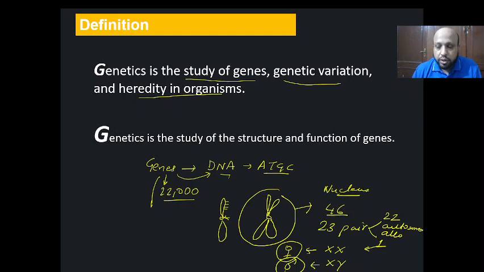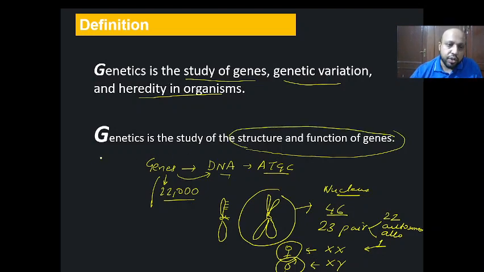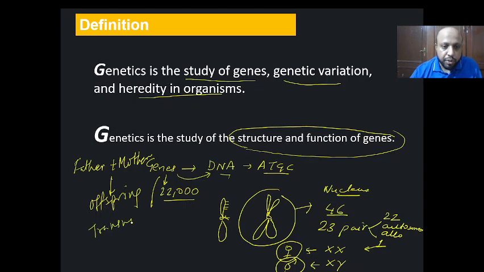People knew about these things. So genetics, if you have to define it, is also the structure and function of the genes. And when we say it is passed on from father and mother to their offspring, or their children, this is called transmission genetics.